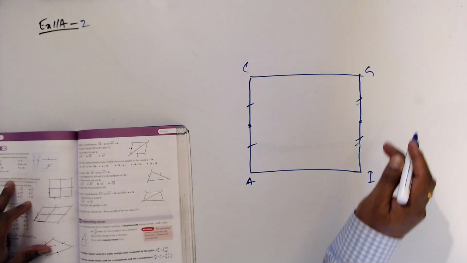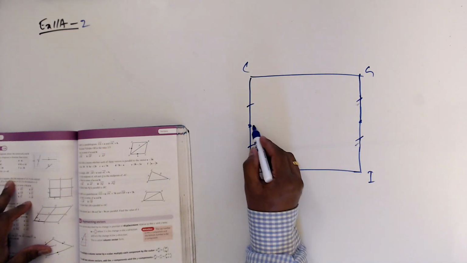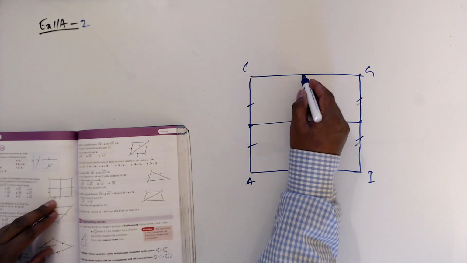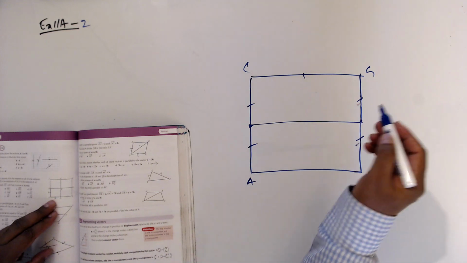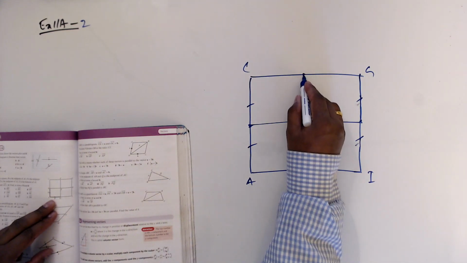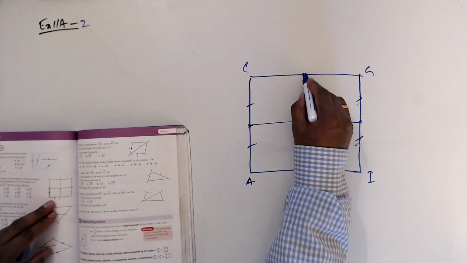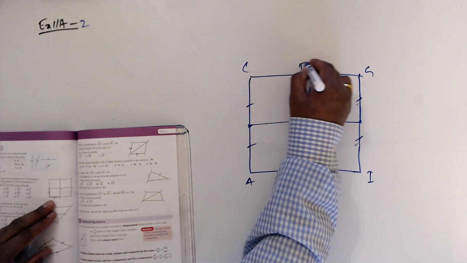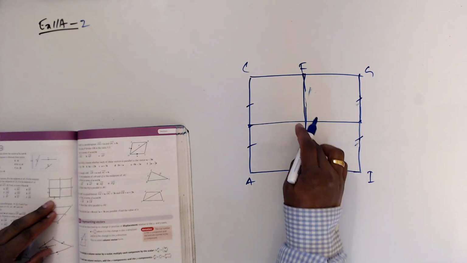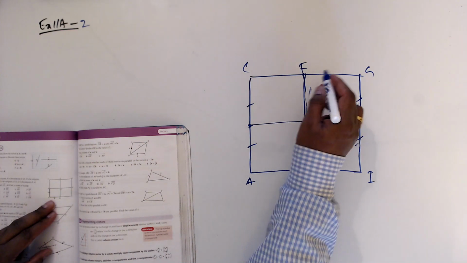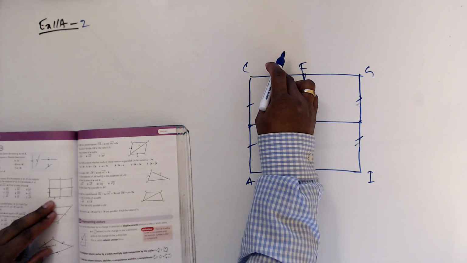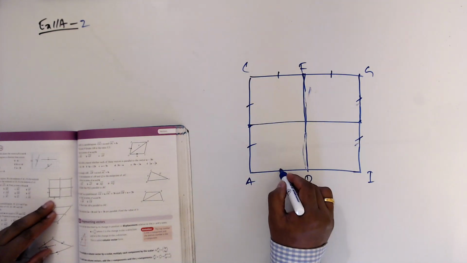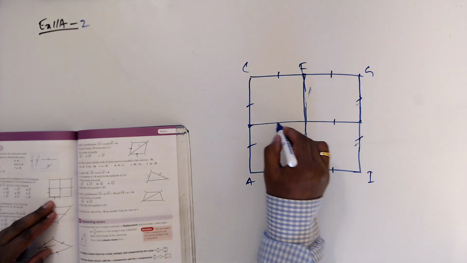That's why I put one line. Then F and D are also midpoints. So this is F and this is D. Midpoint means this is equal to this one, but I'll put just one mark because they all are the same size.